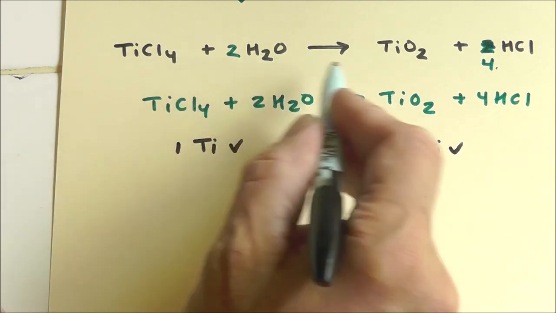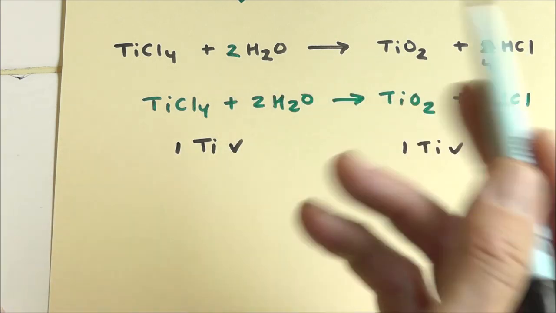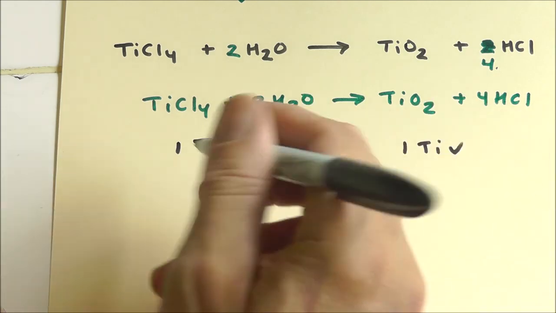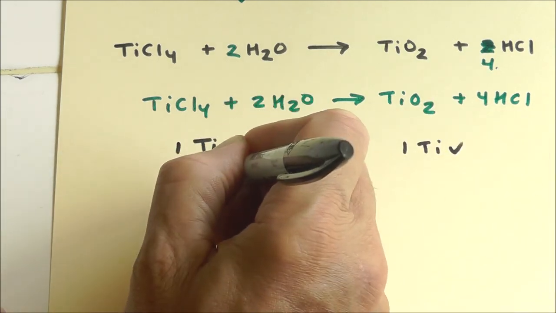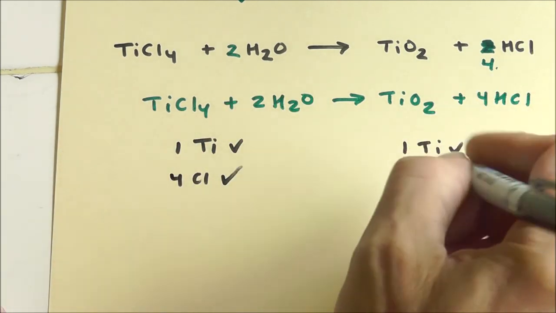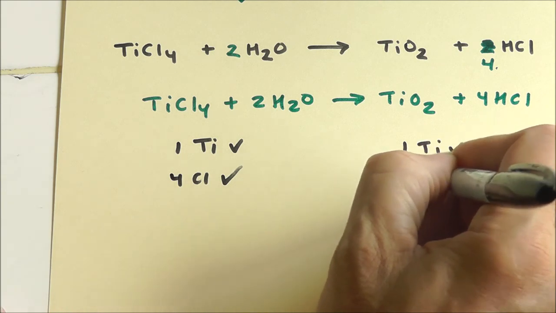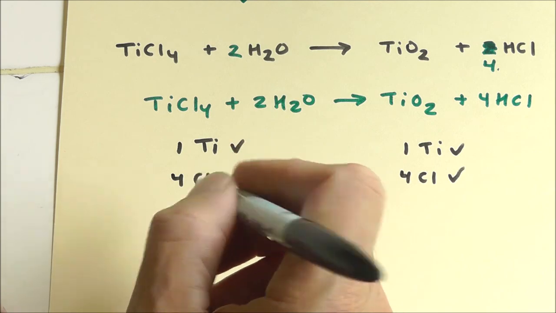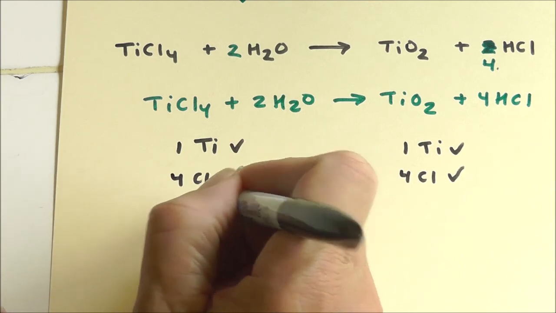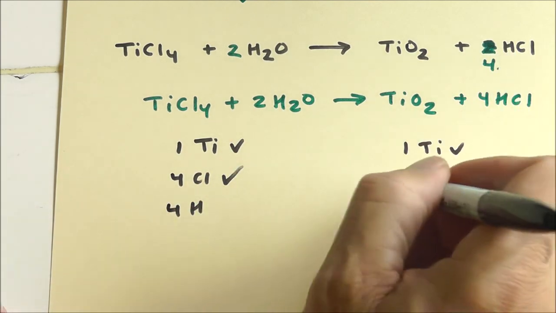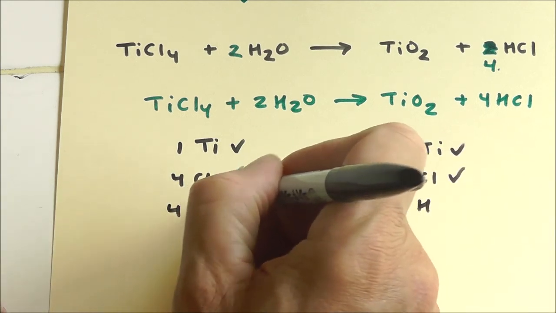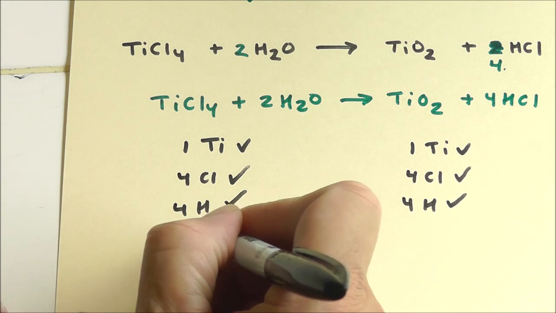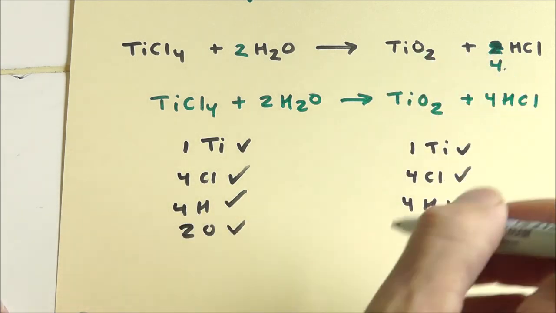Now watch out for things that appear in 2 places, but there's none of that going on here. 4 chlorines and 4 chlorines. 4 HCl's has 4 chlorines. 4 hydrogens and 4 hydrogens. Hydrogen is balanced. And 2 oxygens and 2 oxygens.